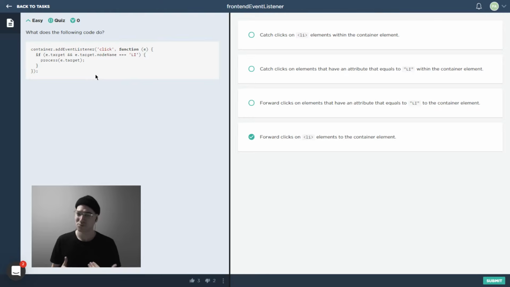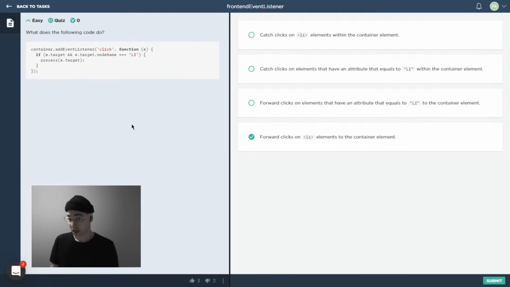It would probably be a lot easier to just go through it ourselves, look at what the code's doing, and give our best answer based on the information.